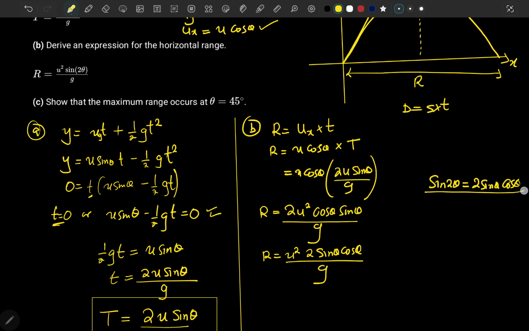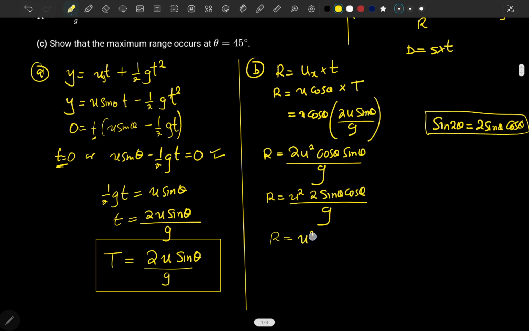So knowing this identity in your mind, you can just substitute sine theta cos theta with sine 2 theta. So our range goes to u squared sine 2 theta over g, which is the range.